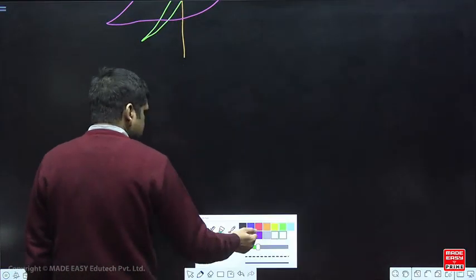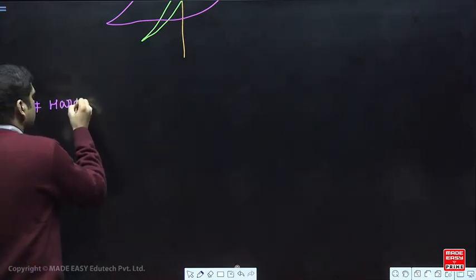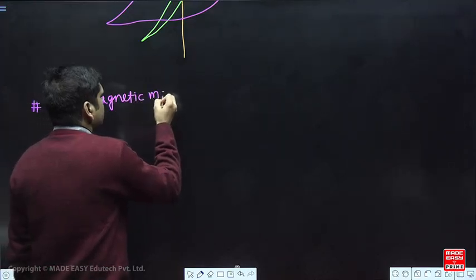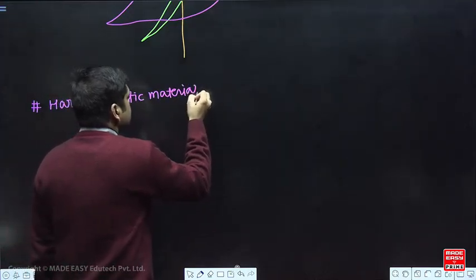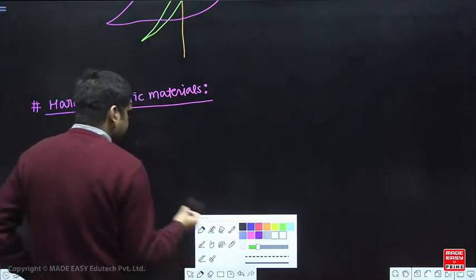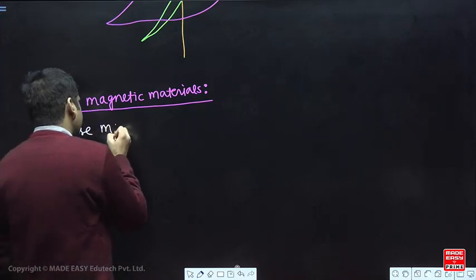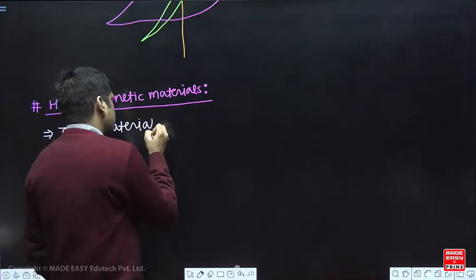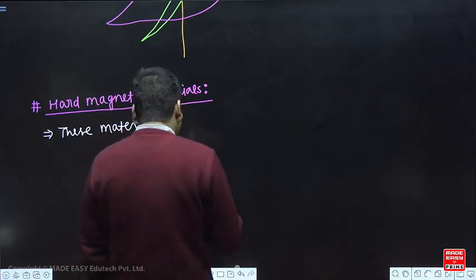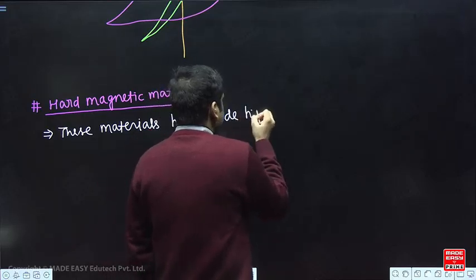Hard magnetic materials first. These materials have a wide hysteresis loop.